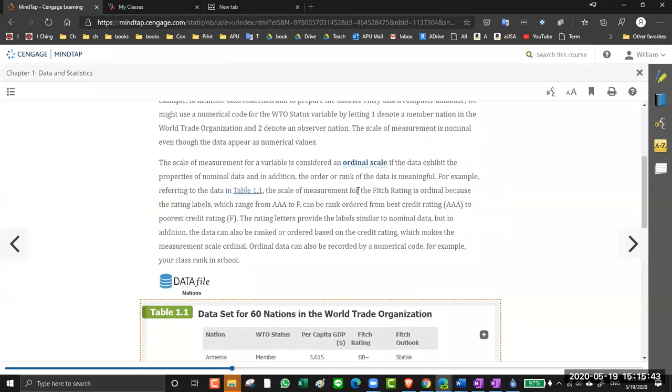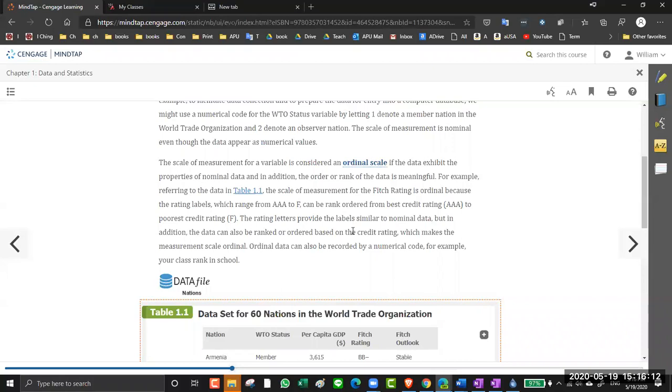Ordinal scale. Why do we use that word ordinal? Because there's a natural order to it, right? So you can rank it according to that natural order. So we use the word ordinal for measurements that can be ranked.